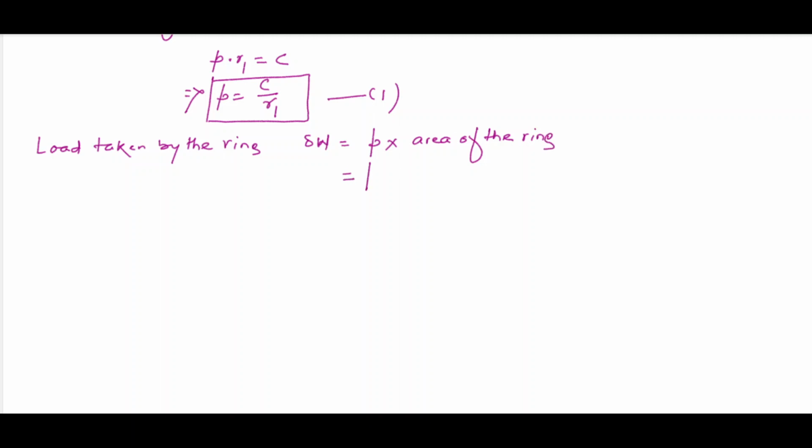So I can write P into 2 pi R1 dR1, and instead of P I'll substitute C by R1 into 2 pi R1 dR1. Okay, so this is equal to basically 2 pi C dR1. Let's say this is equation 2, the load taken by the ring.